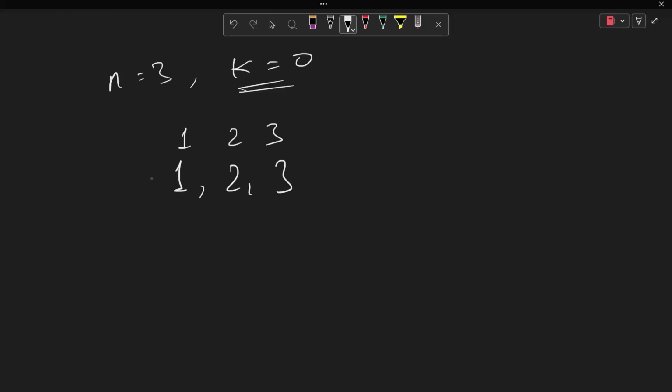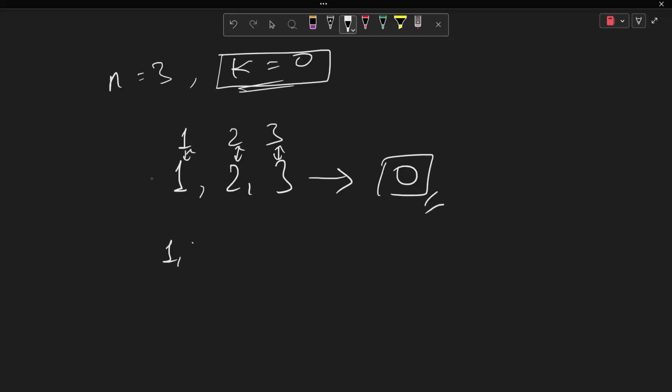This would have a difference of 0, 0, 0. This permutation would have a Manhattan value of 0. So whenever we want a Manhattan value of 0, we can just place 1, 2, 3 up to n. This permutation would always give me a Manhattan value of 0.